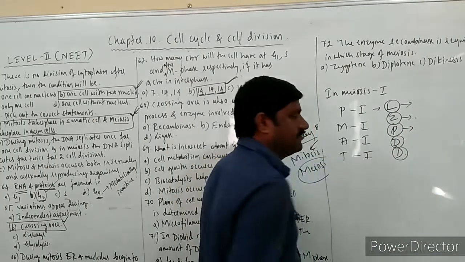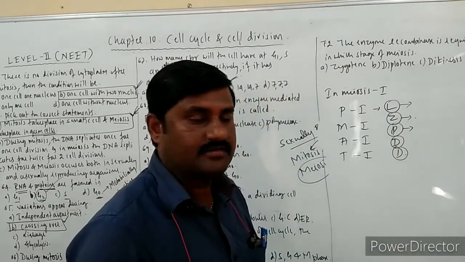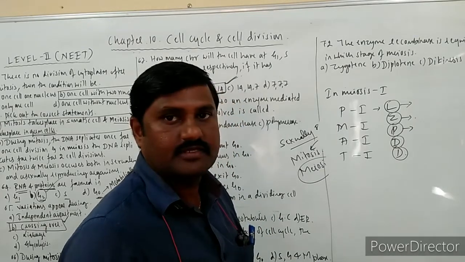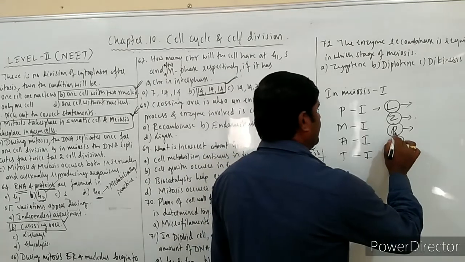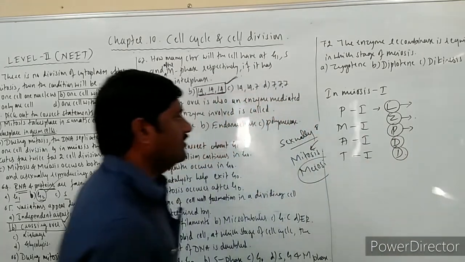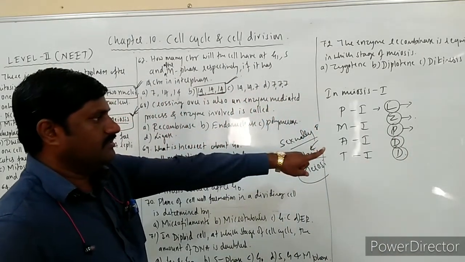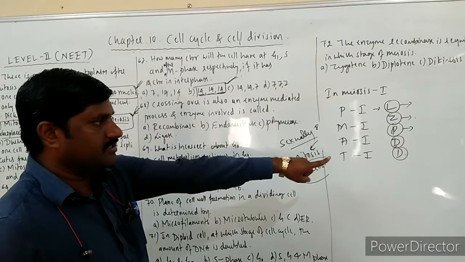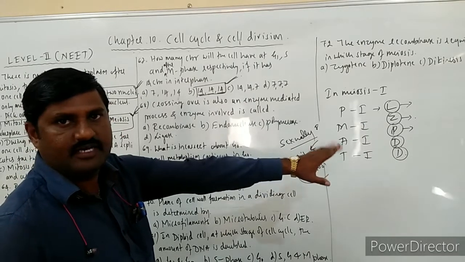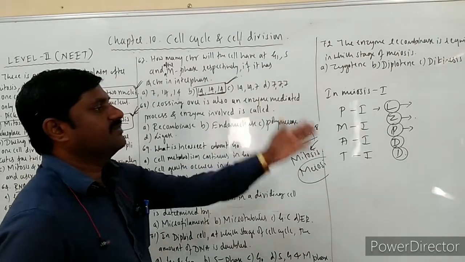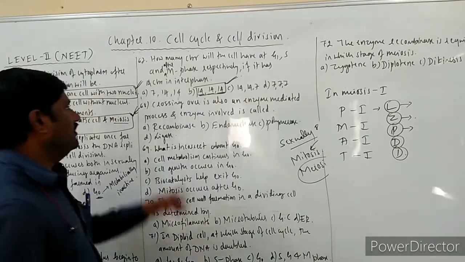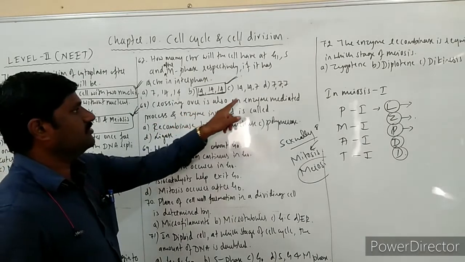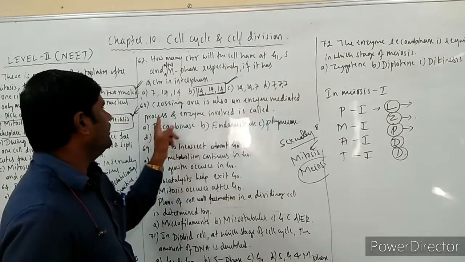And in pachytene, the synapsed chromosomes cross over. Crossing over occurs here in pachytene, right? Then in diplotene there is chiasmata formation, in diakinesis, terminalization. All these aspects we have highlighted every time in the questions. What is the question? Crossing over is also an enzyme mediated process.